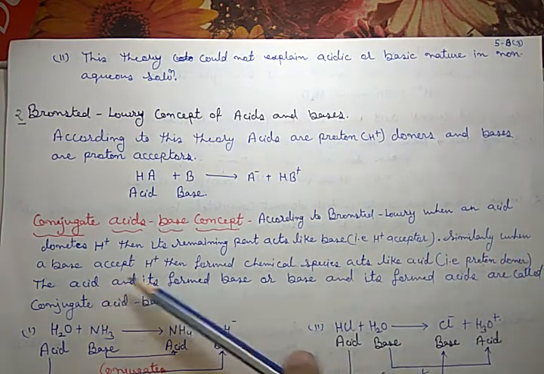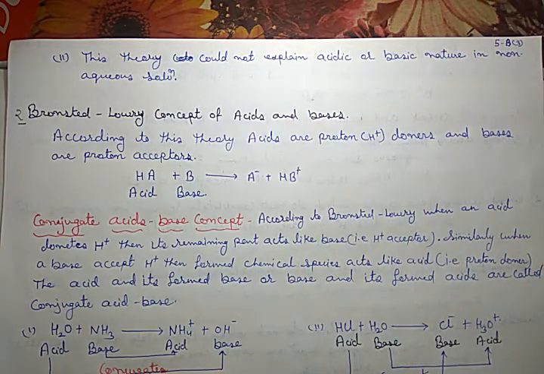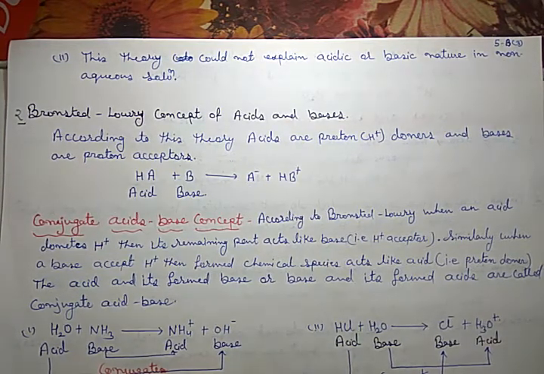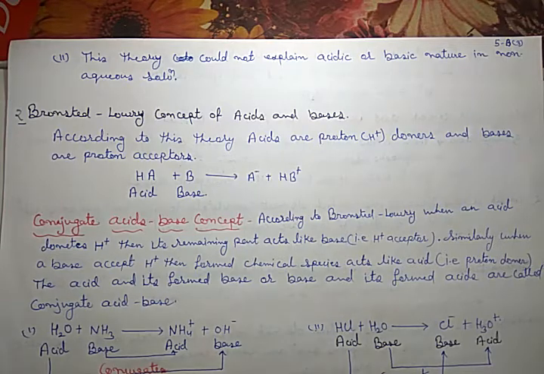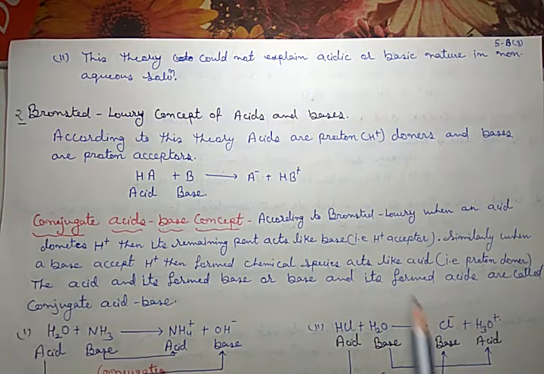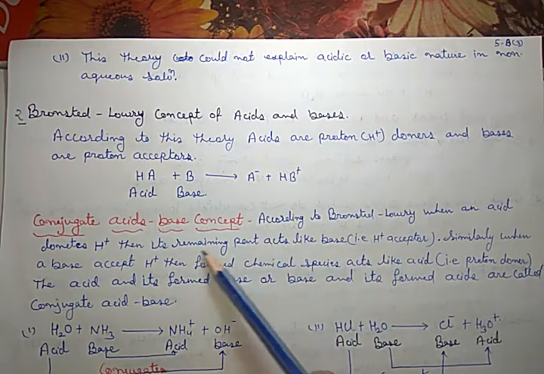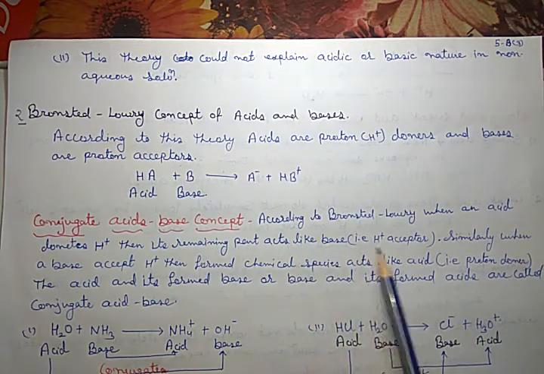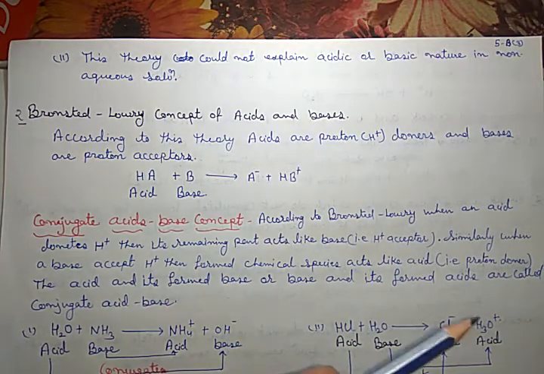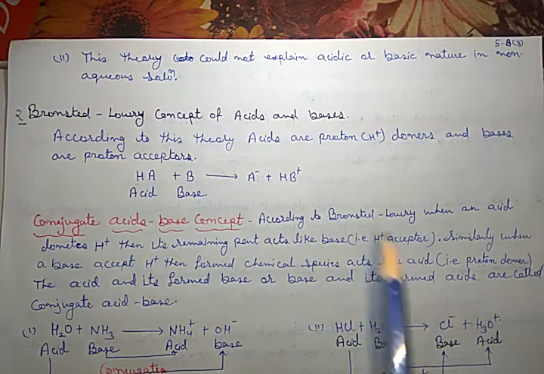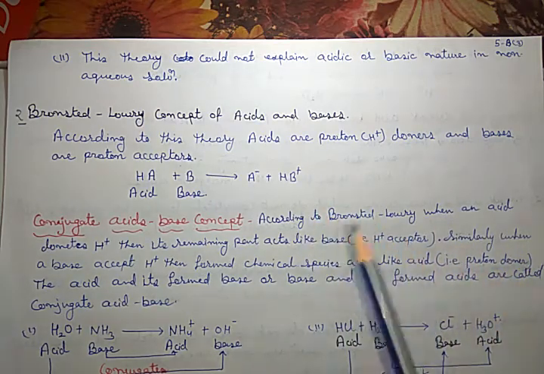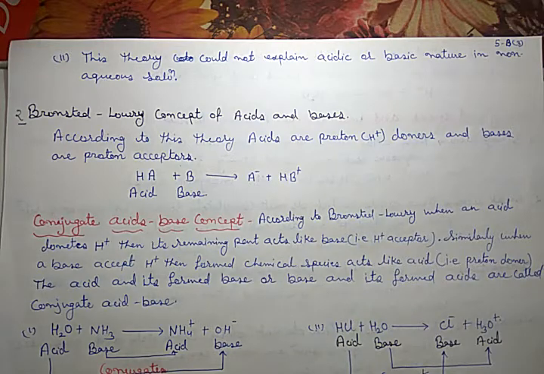Similarly, when a base accepts H plus ion, the formed chemical species has a tendency to donate H plus ion, so it works as an acid. That acid and the formed base, or formed acid, are called conjugate acid-base pairs.